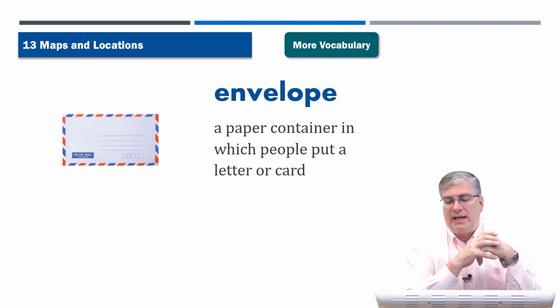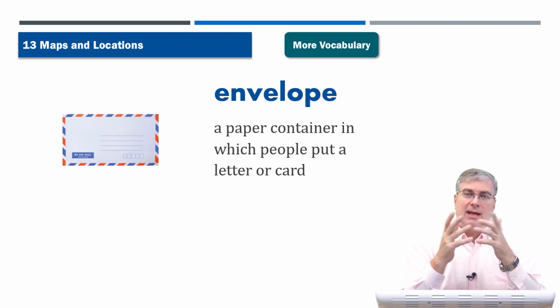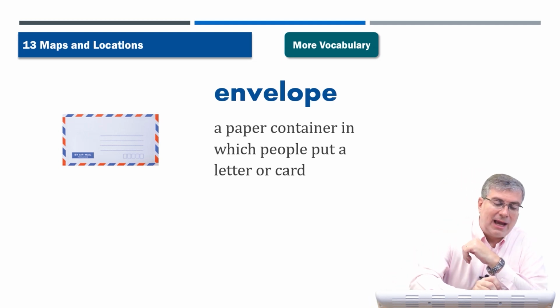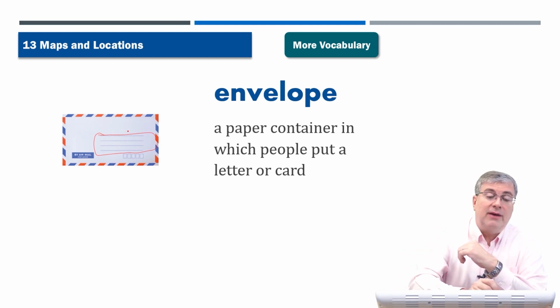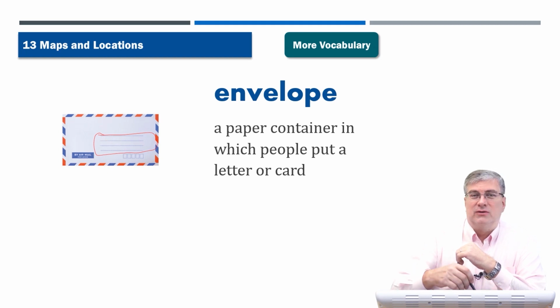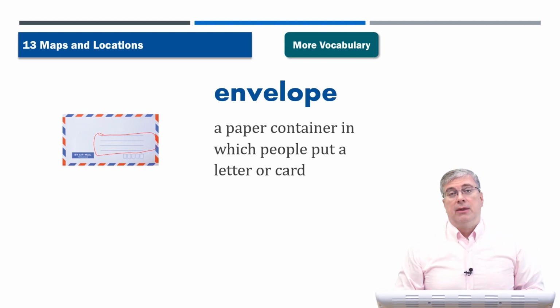So basically an envelope is a paper container in which people put a letter or card. The idea, of course, is that we're writing the address here. Nowadays, you're more familiar with boxes. Same idea. You still have to write somebody's address in this space so that the letter or the box gets to your house. Okay, those are our words for today.